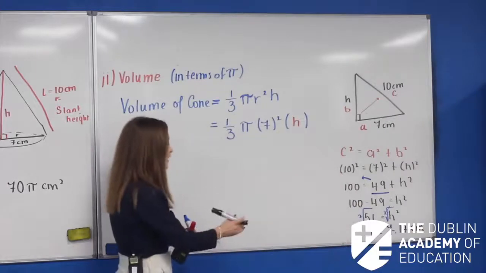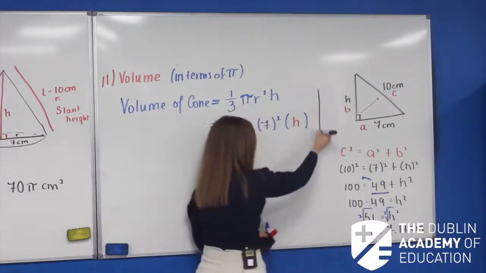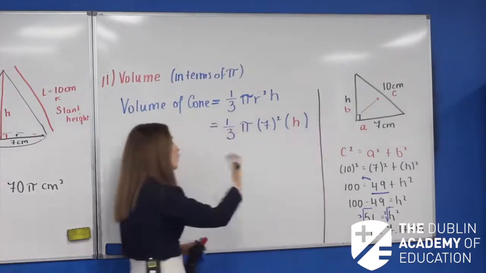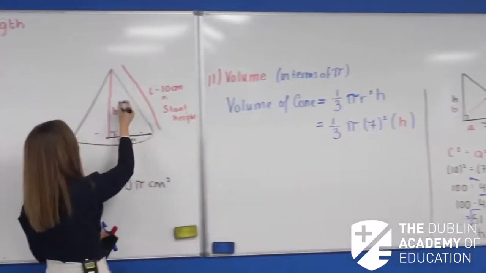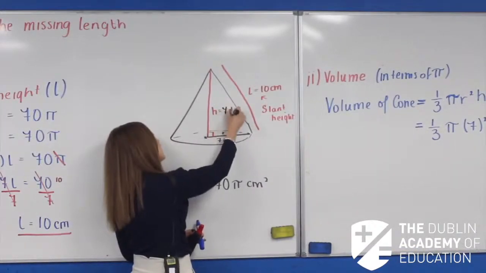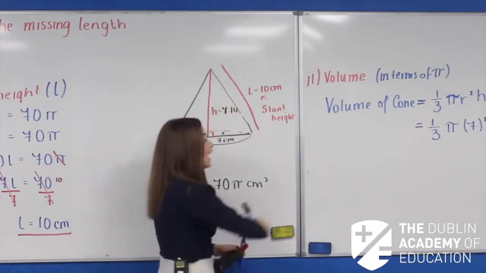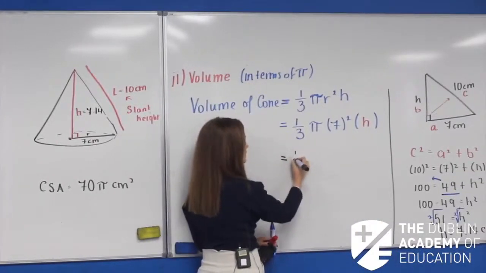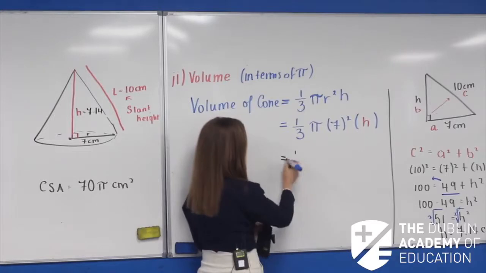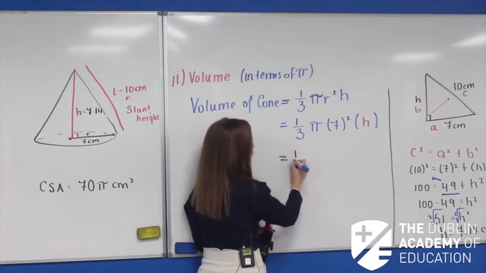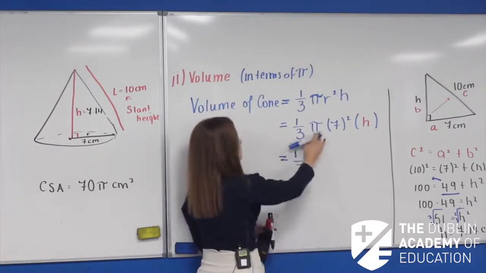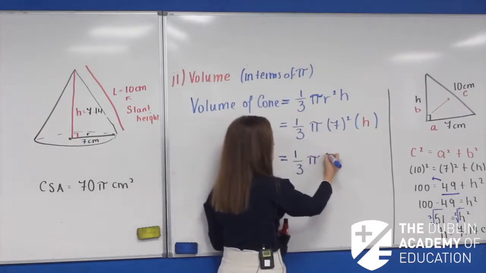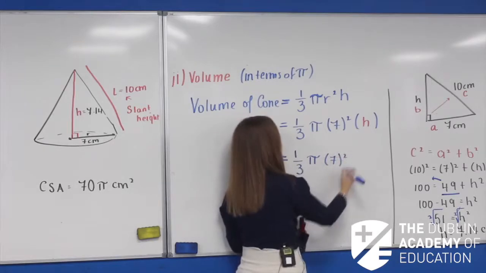Now, finally, once I have that found, I've now found h. I could come back over to this board here and label it in as 7.14, and I can fill it in here. So make sure you go back and fill it in step by step. So here, this is equal to 1 over 3. Now again, they asked me to leave it in terms of pi, so I have pi times 7 squared, which is going to give us 49.